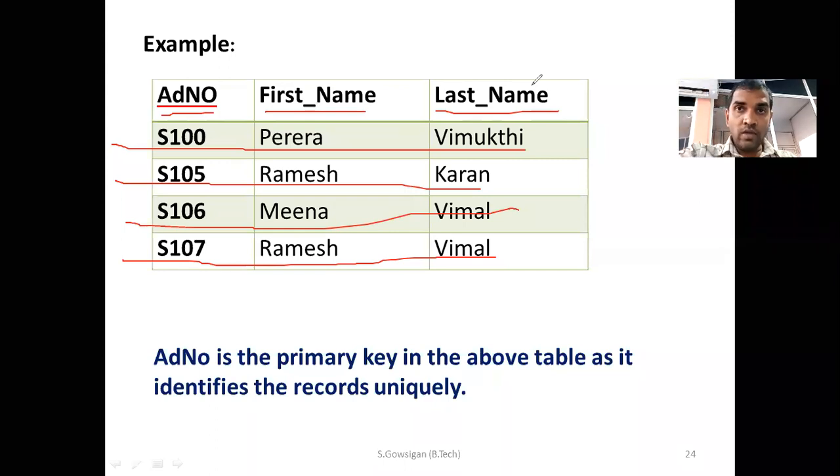I wanted to identify one person. That's why I used his age. But unfortunately, I couldn't, because many students belong to the same age. So understand, age cannot be used for identifying the person. Have you understood?